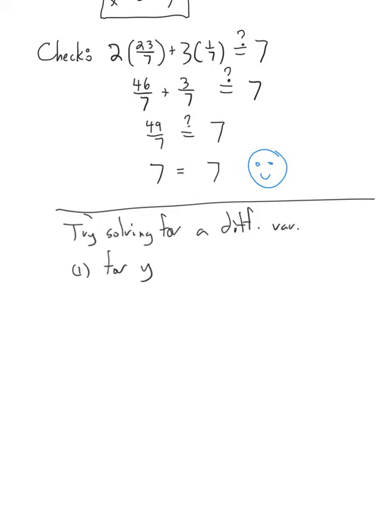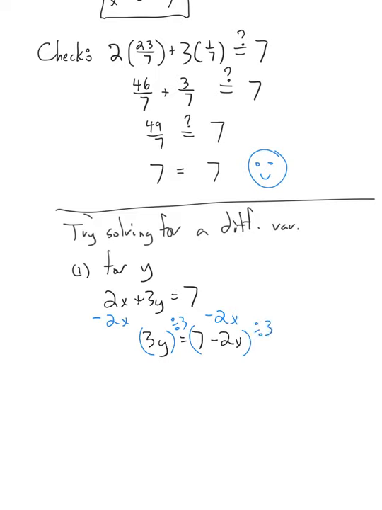Just to show you, you'll always get the same thing. So it was 2x plus 3y equals 7. Let's solve for y. Subtract 2x from both sides. We get that 3y equals 7 minus 2x. Divide both sides by 3.